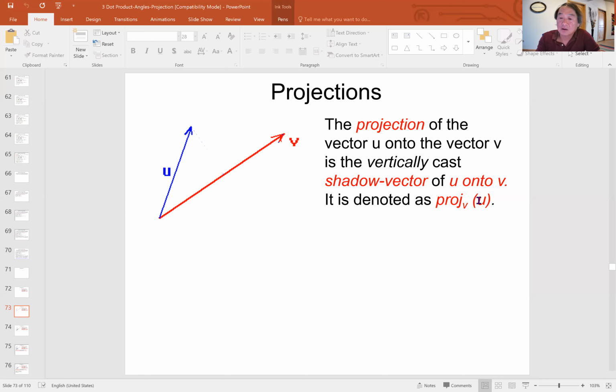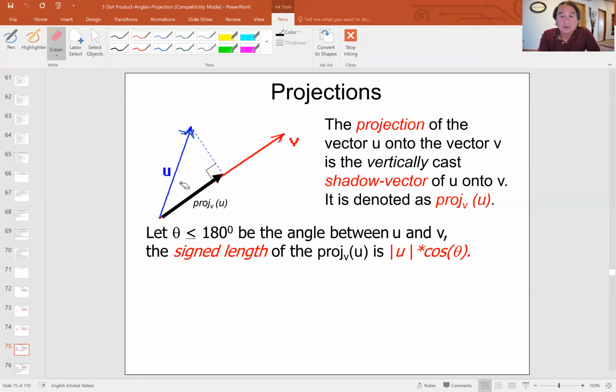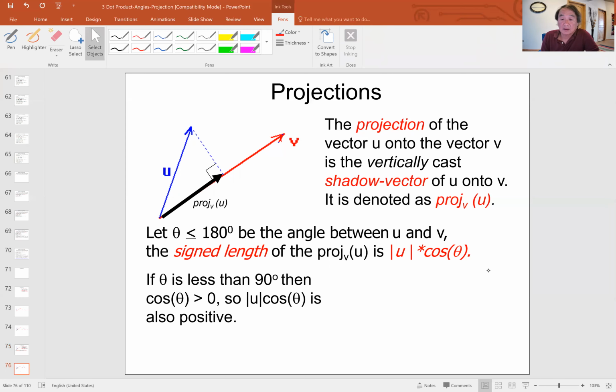Here we want to cast U onto V. If we cast a vertical shadow, we will call that the projection of U onto V. In particular, if I calculate this product, where theta is the angle between these two vectors, the length of U times cosine theta, then I will get the length of the shadow, but it has a plus or minus sign.